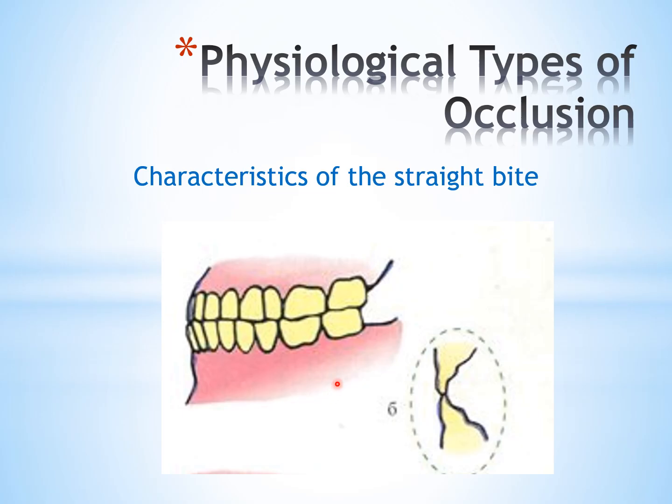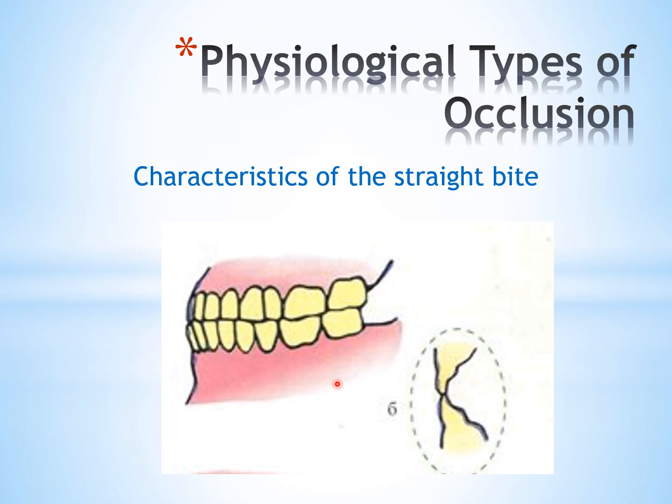And let's talk about the next types of physiological occlusion. Straight bite. What are the differences between orthognathic bite and straight bite?